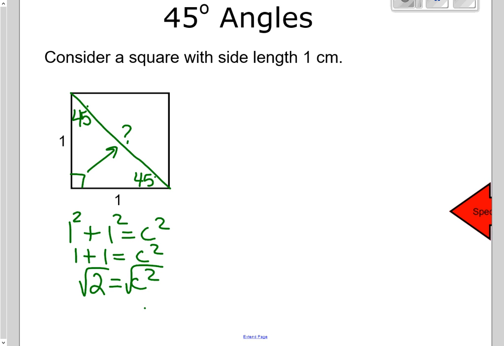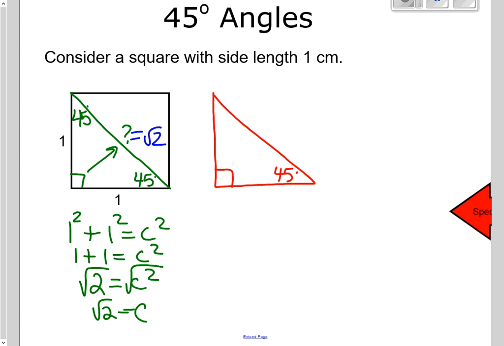Square root of 2, square root of 2. So c equals square root of 2. Okay, so what this gives me is this triangle: 90, 45, 45, with sides 1, 1, root 2.